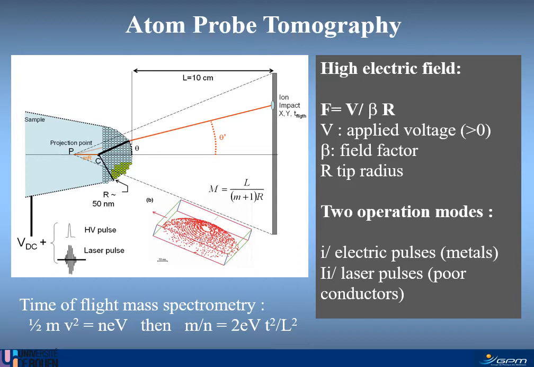On average, you will have, let's say, something like 0.01 ion per pulse for the detection rate. This is a very small detection rate, and this is required in order to have a quantitative analysis, because if you've got too many ion impacts on this detector, you will have problems because the detector will not be able to measure properly the time of flight.